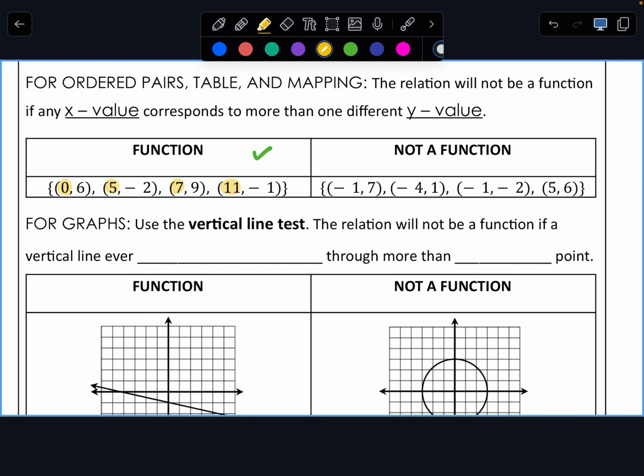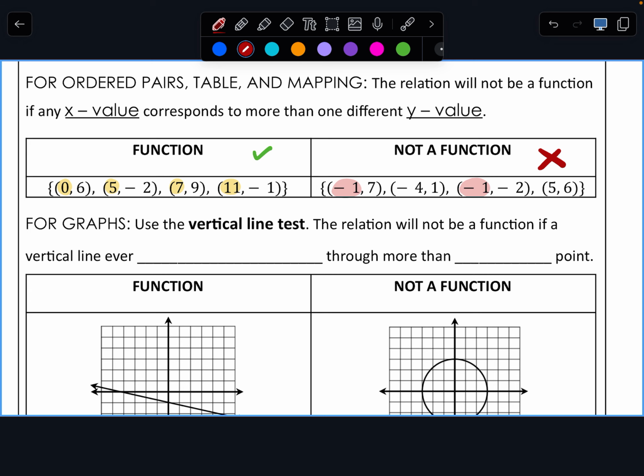Now if we look at this second set of ordered pairs, we see that -1 gives us 7, and then -1 gives us -2. So that's a single input, but gives you two different outputs. So this is not a function because we see that x repeats. So you're going to be looking for x repeating when you're looking at an ordered pair, a table, or a mapping diagram.